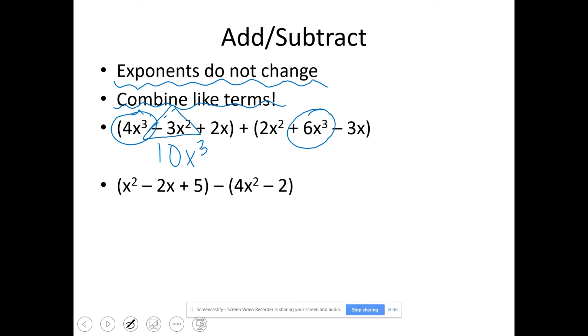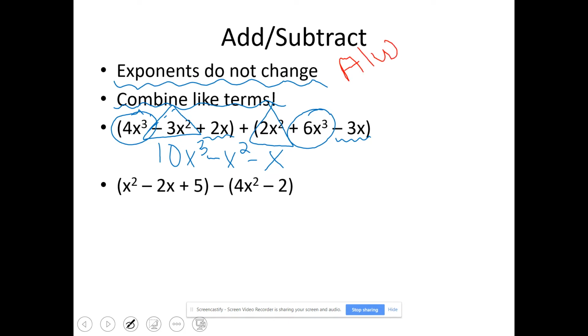Negative 3x squared plus 2x squared is negative 1x squared. And remember, you can write the 1 there or not. And then we have 2x plus negative 3x, which is negative 1x. Those are all our like terms.